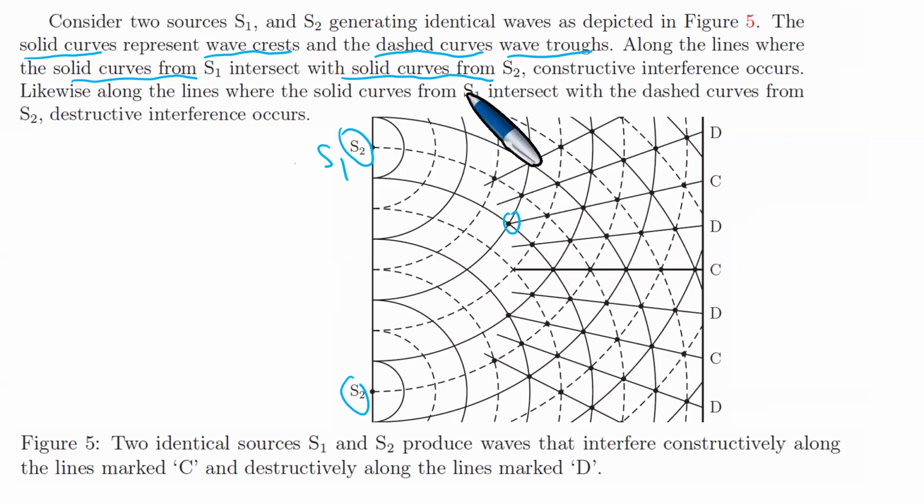Okay, so now there's constructive interference, but likewise, destructive interference occurs along the lines where the solid curves from S1 intersect with the dashed curves from S2.